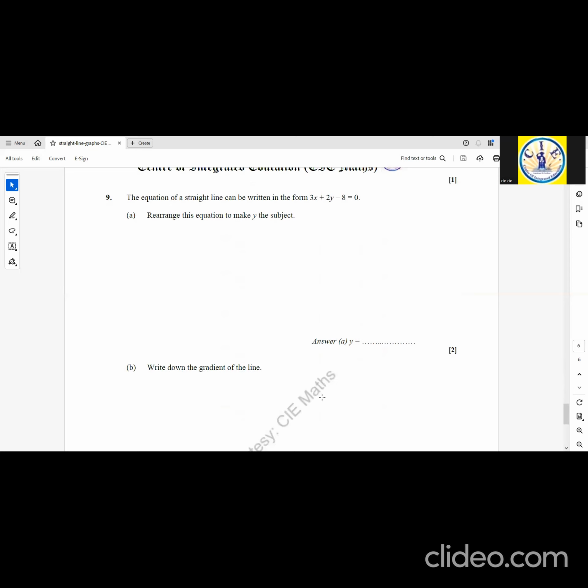Then the equation of a straight line can be written in this form. Rearrange this equation to make y the subject. So making y the subject of the formula, let me first of all shift this -3x to the other side. Then I'm shifting 8 to the other side.